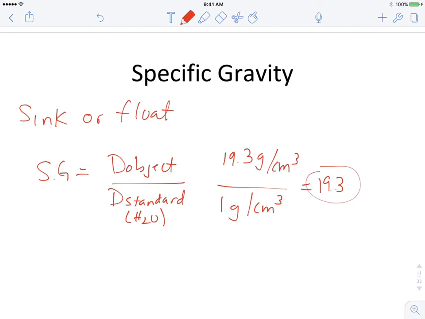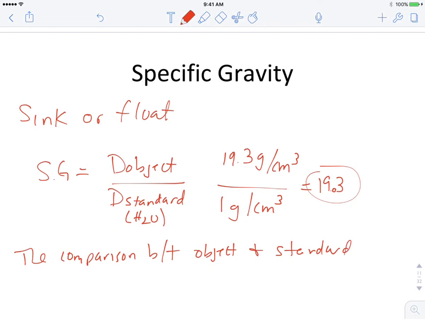Specific gravity is just density without the units. But something that's important about specific gravity is that the comparison between your object and your standard need the same units.